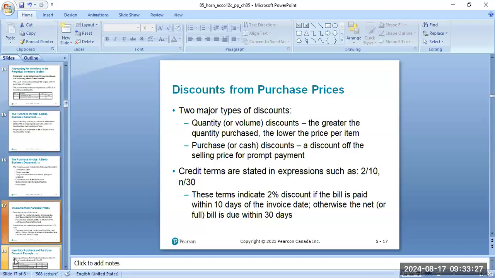Discount. Obviously, you may have a valuable discount. There are two major types of discounts.